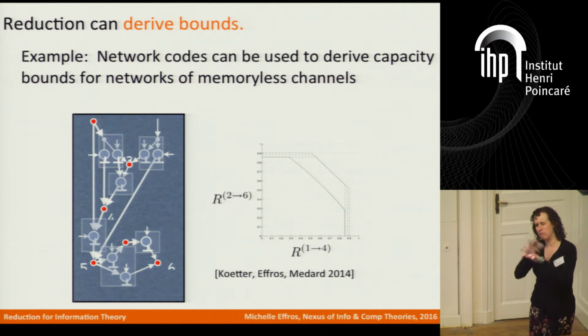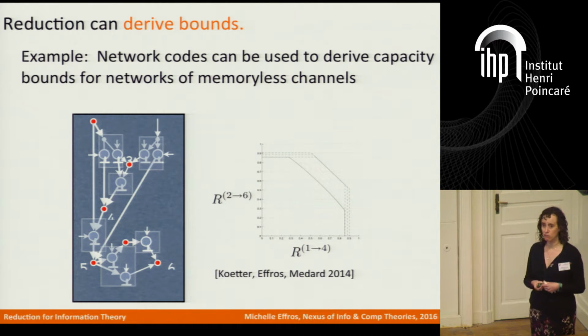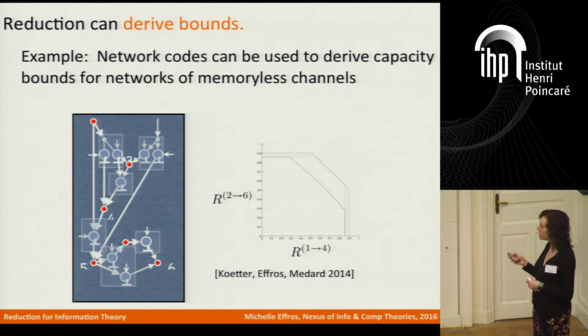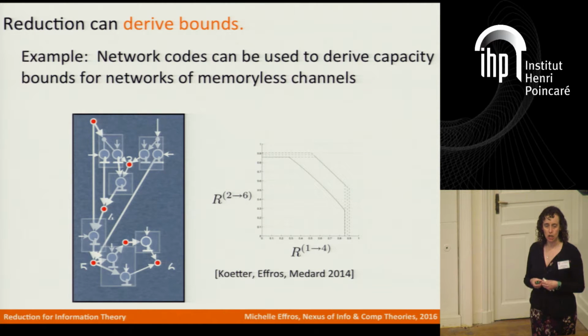So just to give you a broad survey of the kinds of things that we've been doing with these reduction tools, the first things that we actually did were bounds. We were using reduction to show that the capacity region of one network was a subset or equal to the capacity region of another network. And if you do that in both directions, you might end up with relationships to networks that are not identical to each other, so you don't always get equivalences.